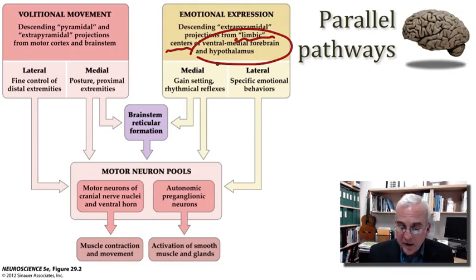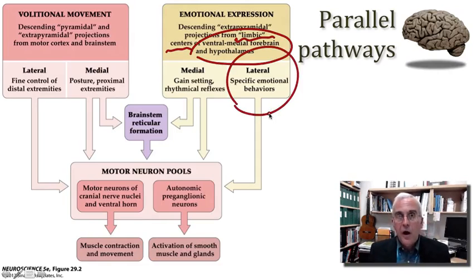So what we see in our lateral pathways are pathways that allow for the expression of specific emotional behaviors. And what I might have in mind here as examples would be motor behaviors that characteristically define a particular emotion, be it a facial expression, for example, or a posture.